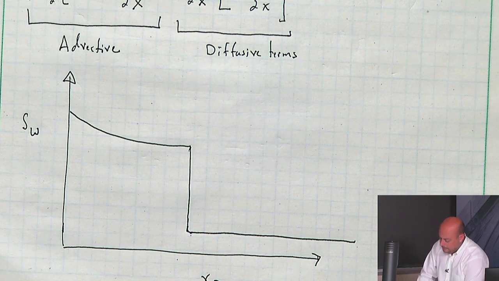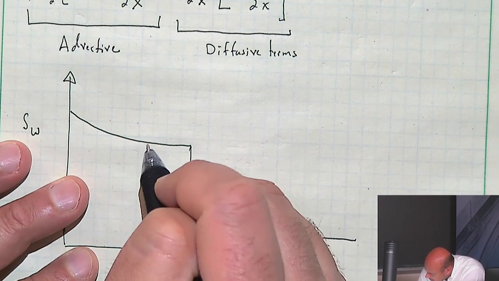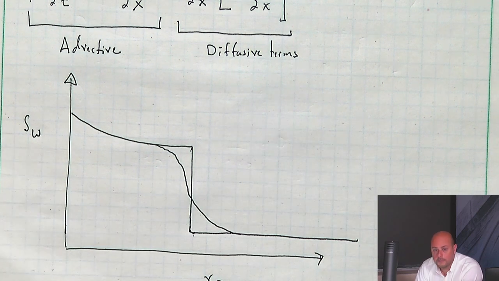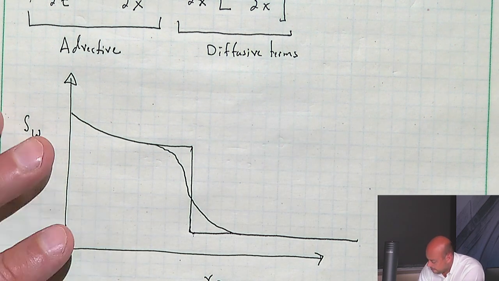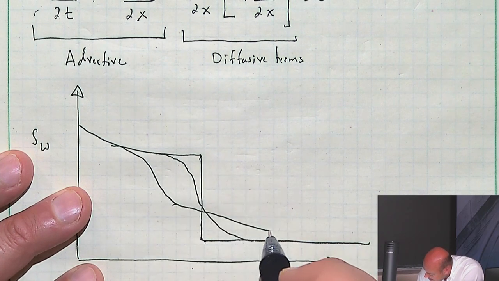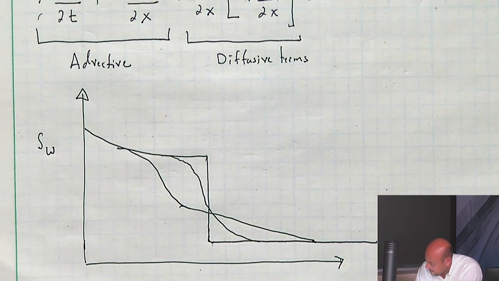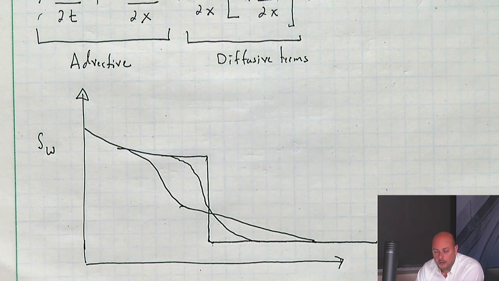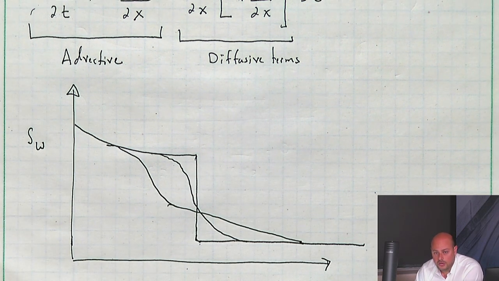But if we do have capillary pressure, it'll look more like this. That's a little bit of capillary pressure. If you've got a lot of capillary pressure, then it's even more drastic, and maybe it looks like this. So it's not quite as abrupt a shock front.